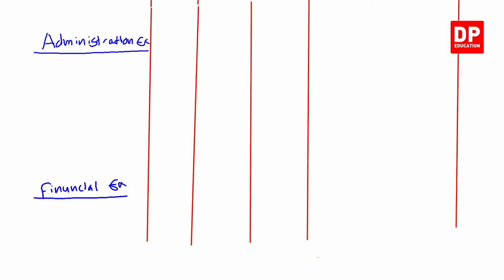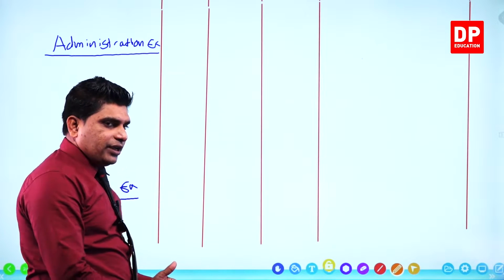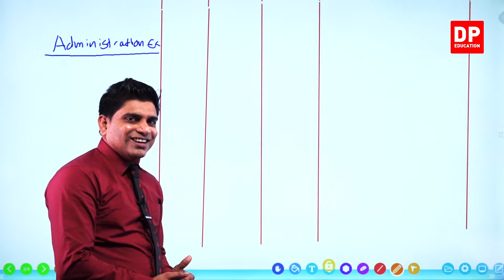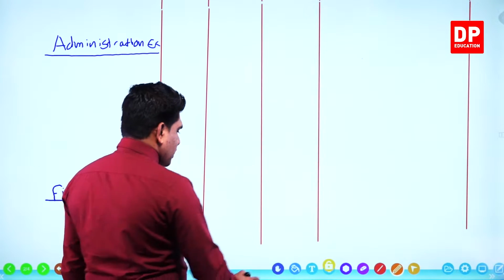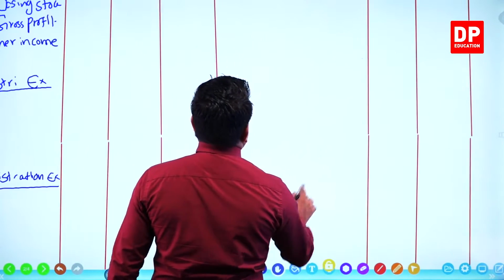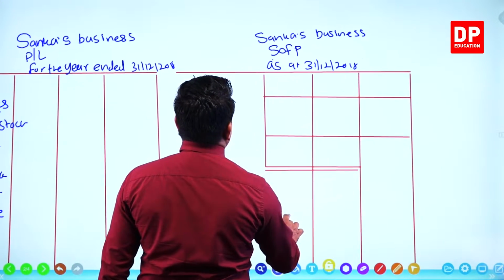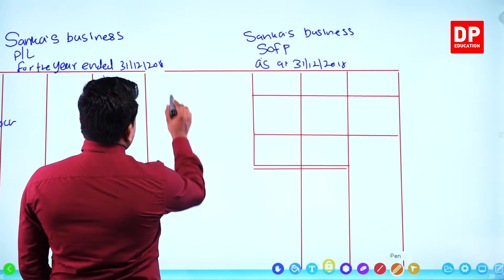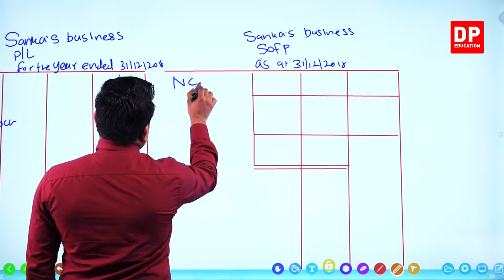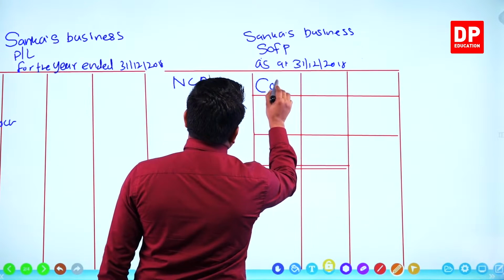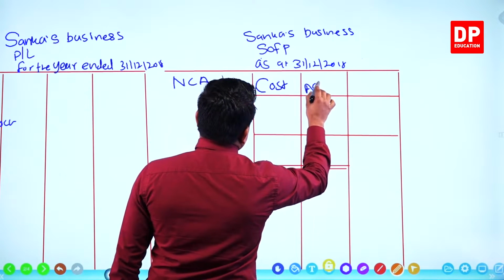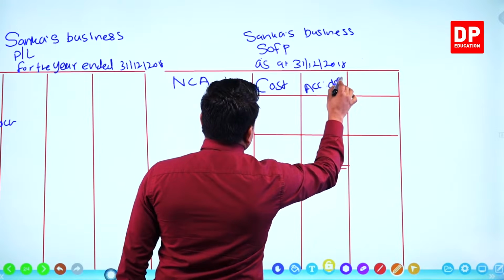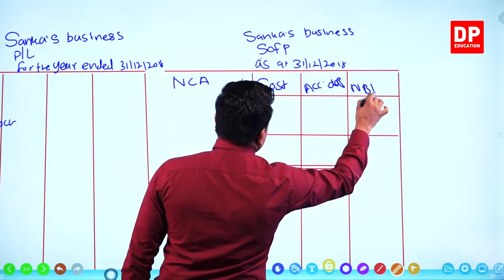In this question, we didn't see any other expenses, right? If they have given other expenses, we have to maintain another column for other expenses, right? Now we go to the statement of financial position to do the classification. Here we write non-current assets, right? Here cost, accumulated depreciation, net book value, right?